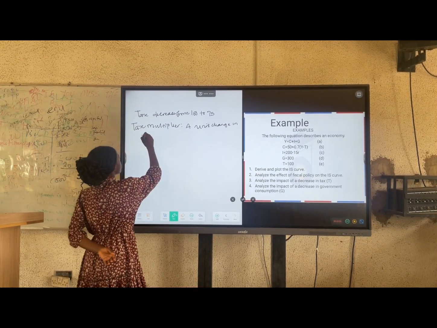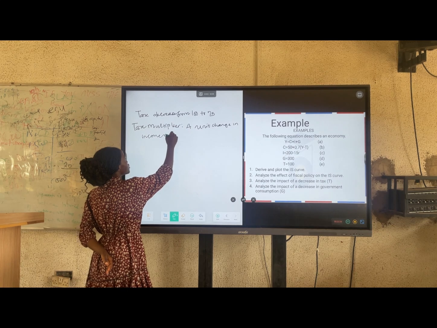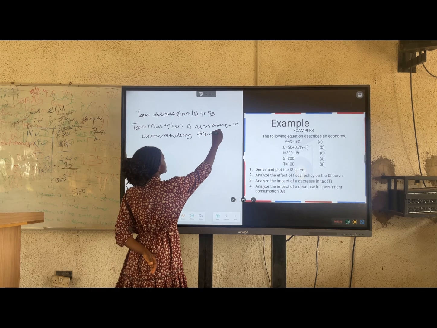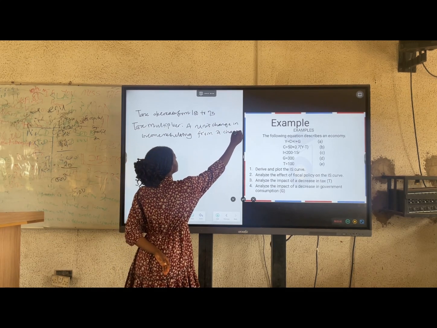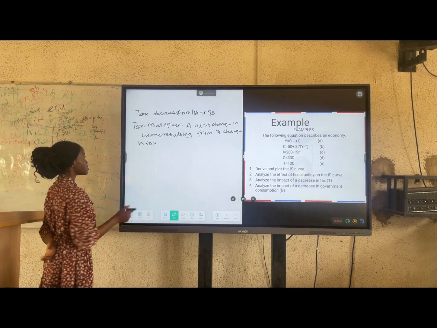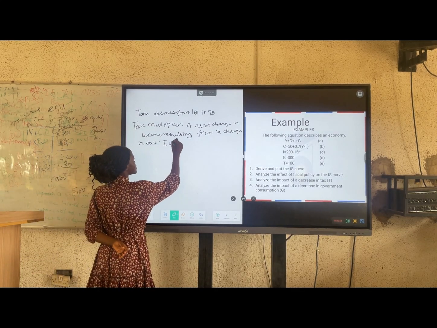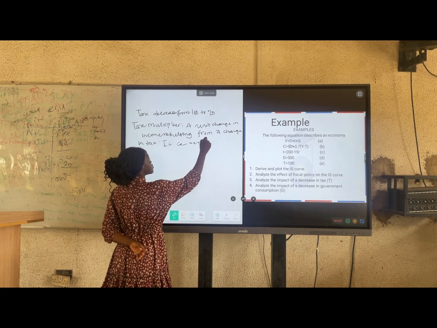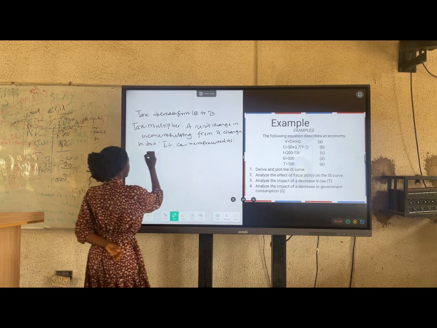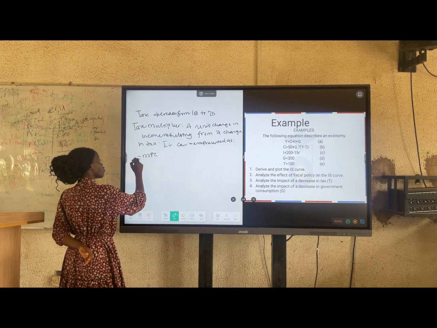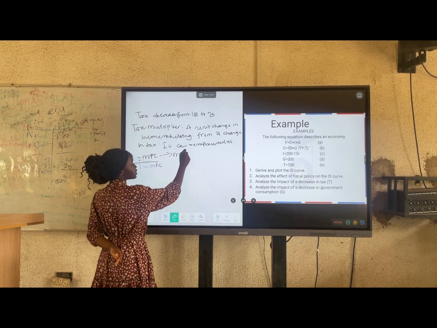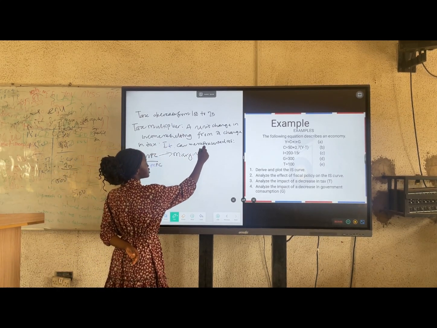And the formula for our tax multiplier can be represented as minus MPC over 1 minus MPC. MPC means marginal propensity to consume.